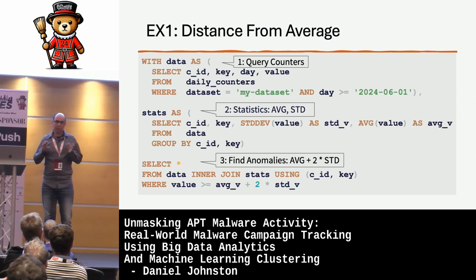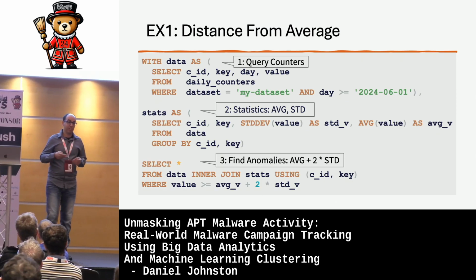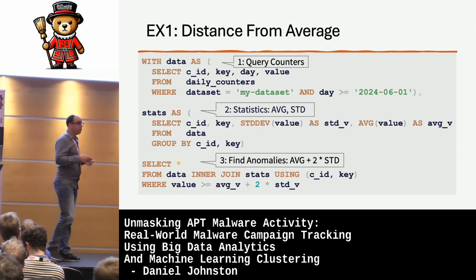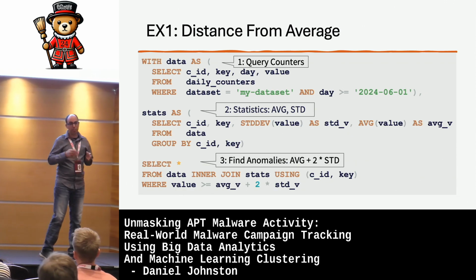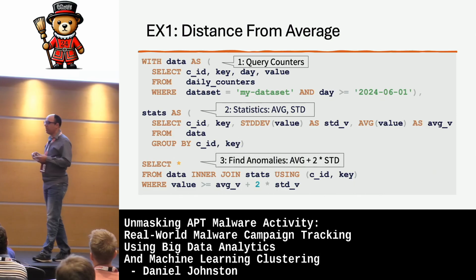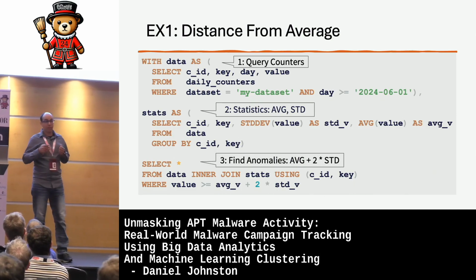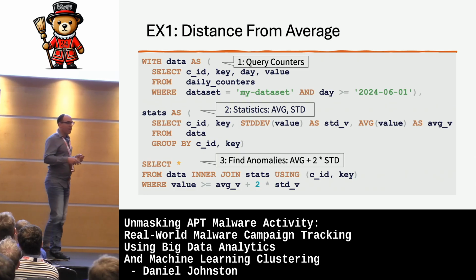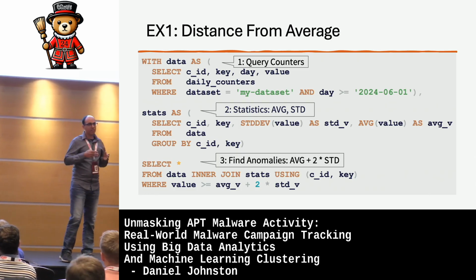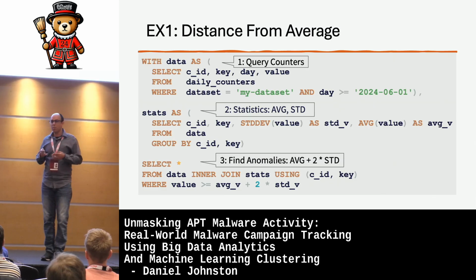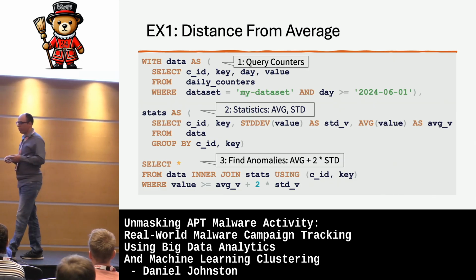Later, we calculate statistics. In this case, we calculate the average data per counter and the standard deviation. The last step is to find anomalies.